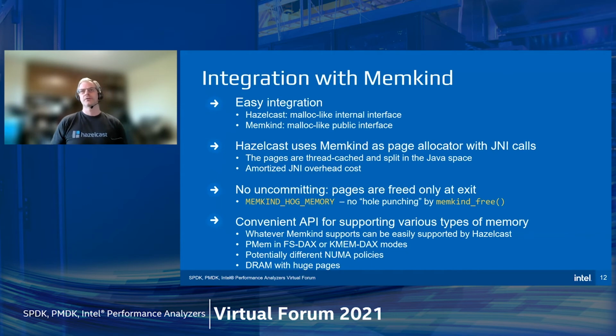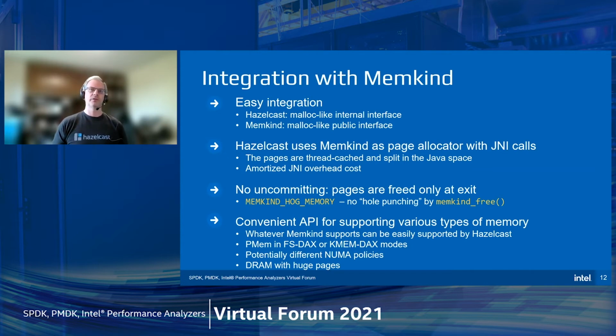During the integration with Memkind, we learned that the integration was easy, because internally the Hazelcast memory allocator interface looks like a malloc-like interface, while the Memkind public interface is also a malloc-like interface.